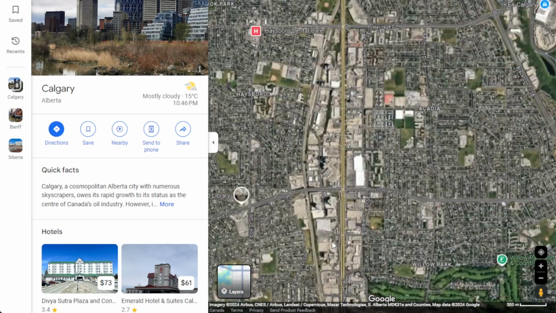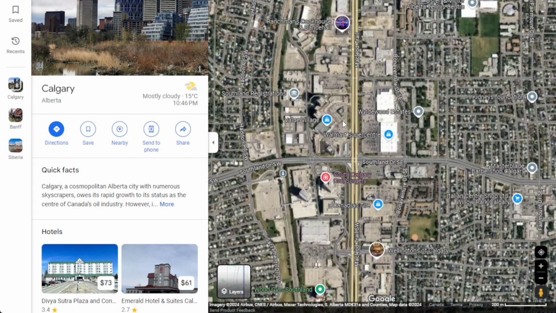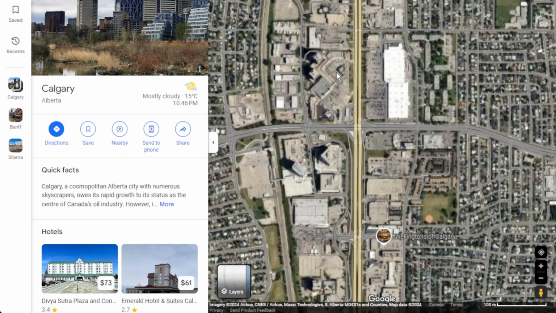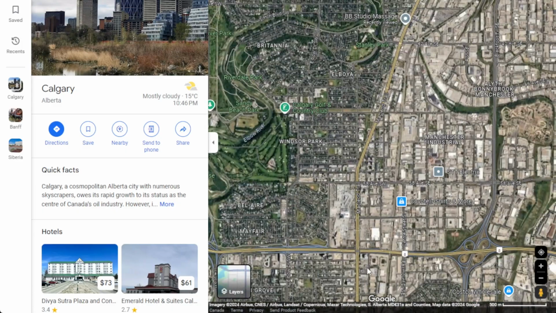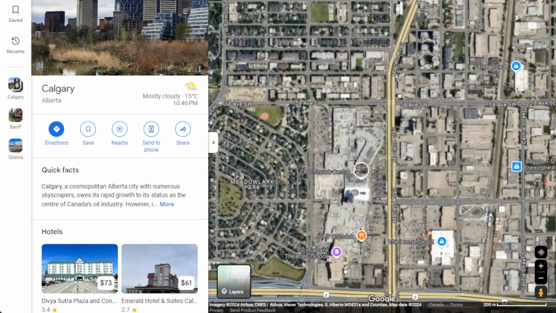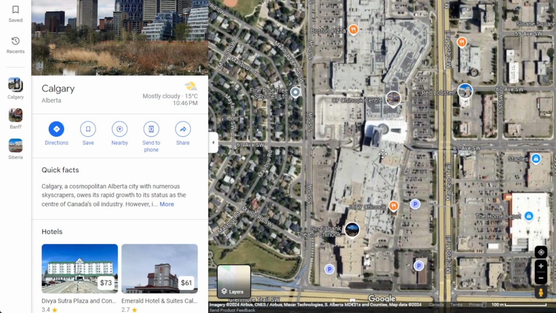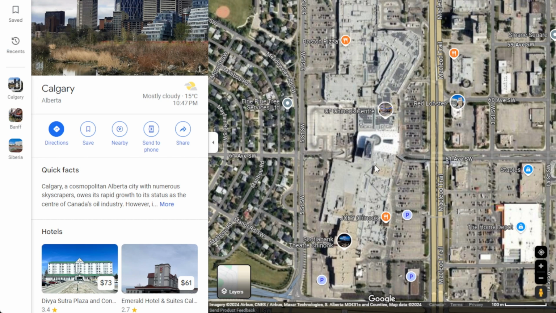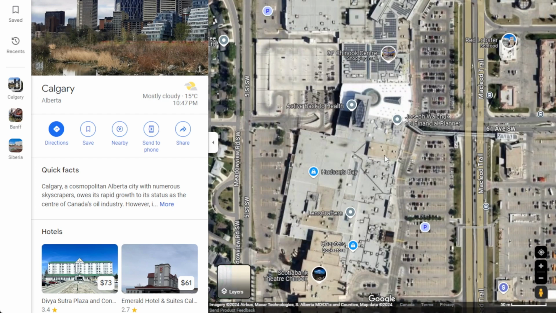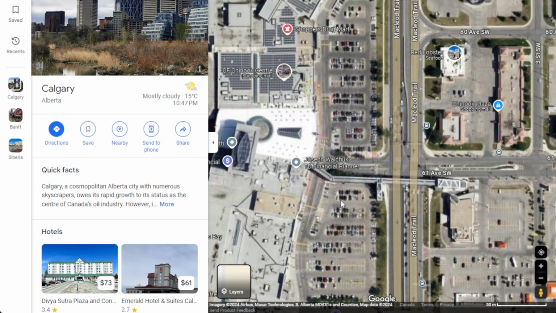In Calgary, we have a really big mall called Chinook Mall, and they get some really high commercial rents here. I'm not going to talk about it, but you can look it up if you know where to look.